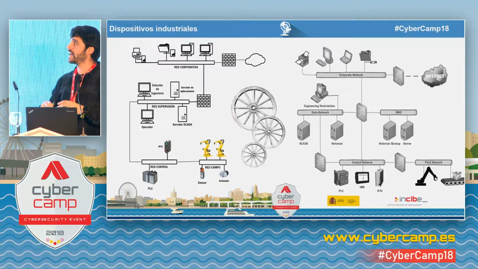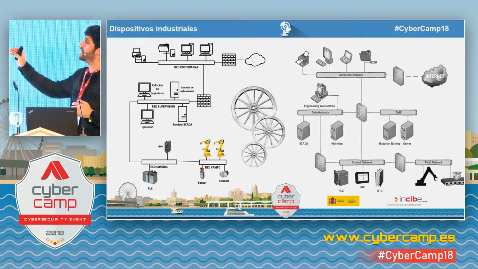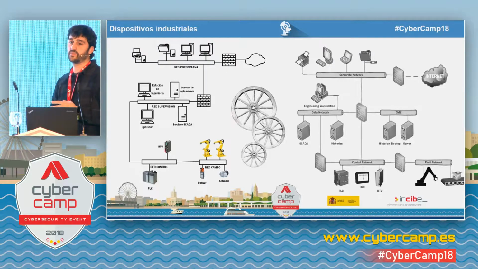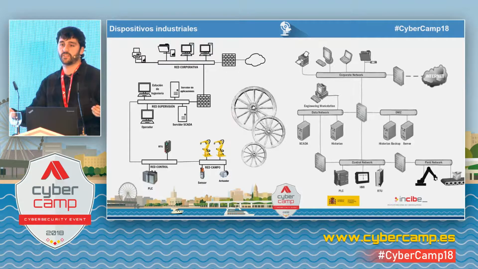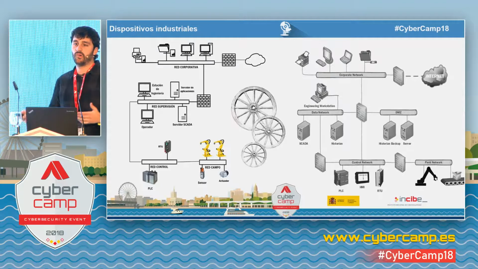You've seen the pyramid, and now at network level, we're going to see where every device is located. Perhaps you're used to corporate network where you can find many devices we have at home, for example, or right now, mobile phones, printers.